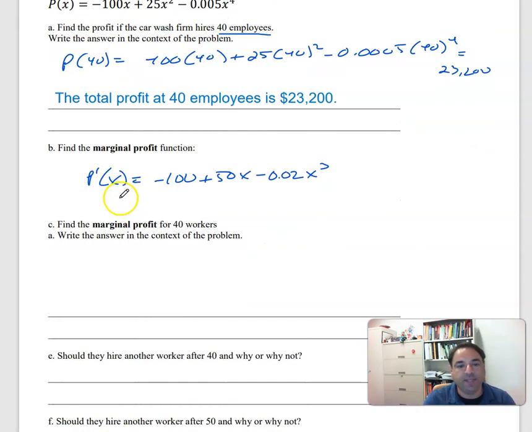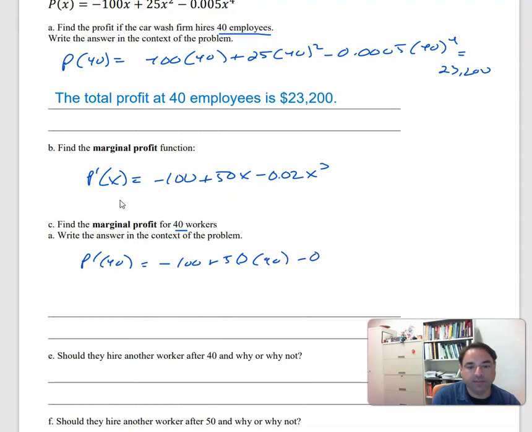Okay, now that's our marginal profit. We want to find the marginal profit of 40 workers, so we're going to plug 40 into our marginal and check it. So we have negative 100 plus 50 times 40 minus 0.02 times 40 raised to the third.